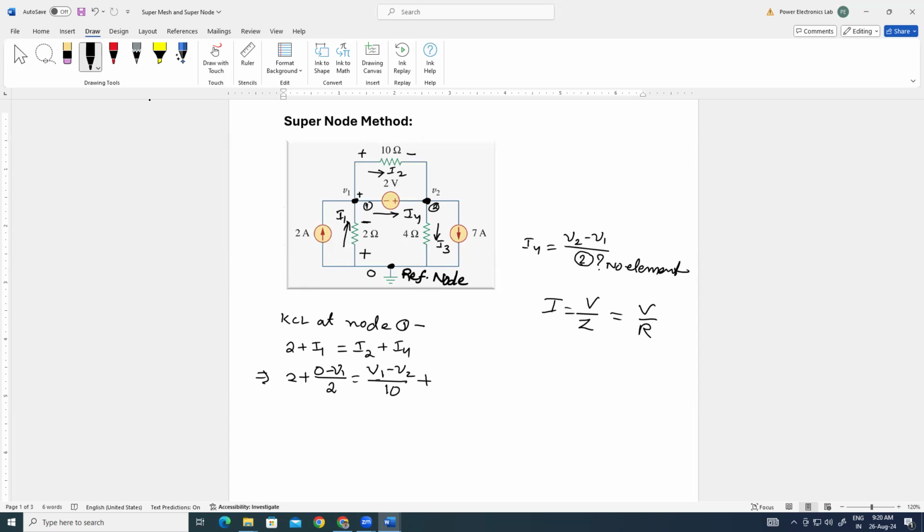In between V1 and V2, only voltage source is there. There is no resistance. So I4 you don't know. You have to write in terms of this: I4 is equal to 2 plus I1 minus I2. So I4 is unknown here.